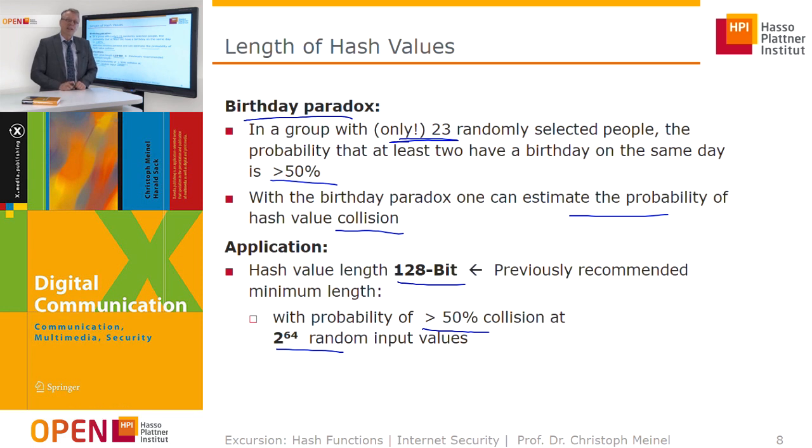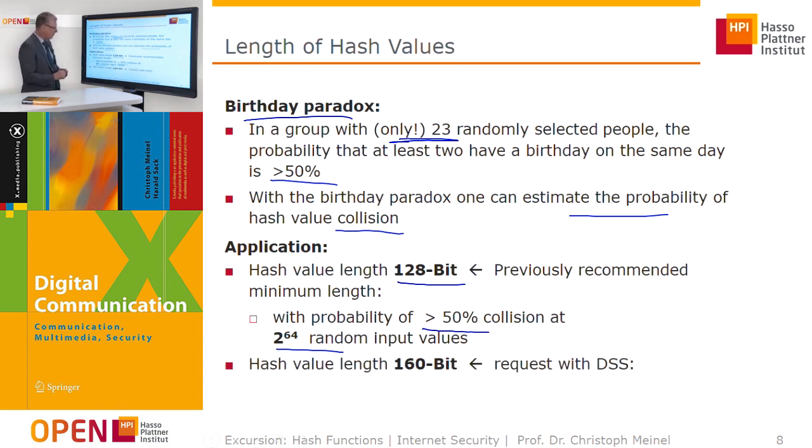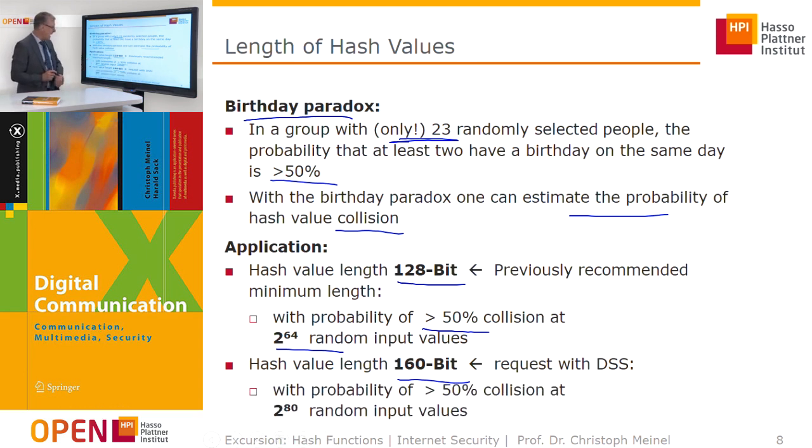But considering the high computational power of modern machines, it is not practically impossible for attackers to misuse this and create collisions. If we insist on a hash value length of 160 bits, as requested with DSS, then with a probability of greater than 50%, a collision can be found with 2 to the 80 random input values.